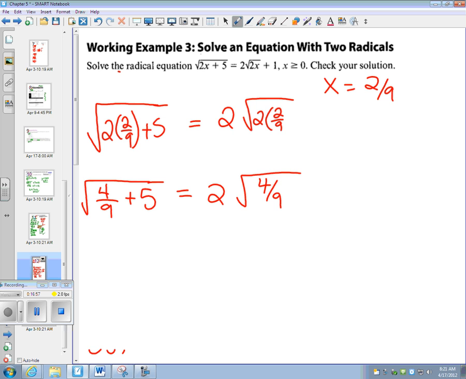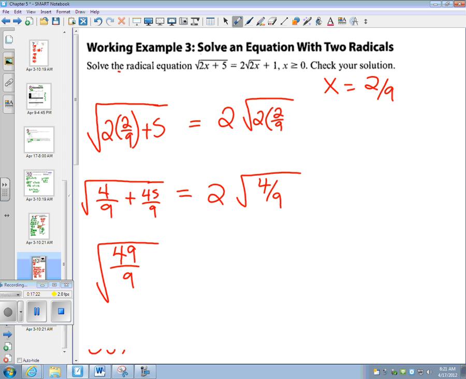Well, I kind of like this side going on over here. Let's look at how we simplify this expression. What we have to do is make a common denominator. So we're going to change this 5 into ninths. Well, 5 is the same as 45/9. So I have 4/9 plus 45/9. That's a total of 49/9.